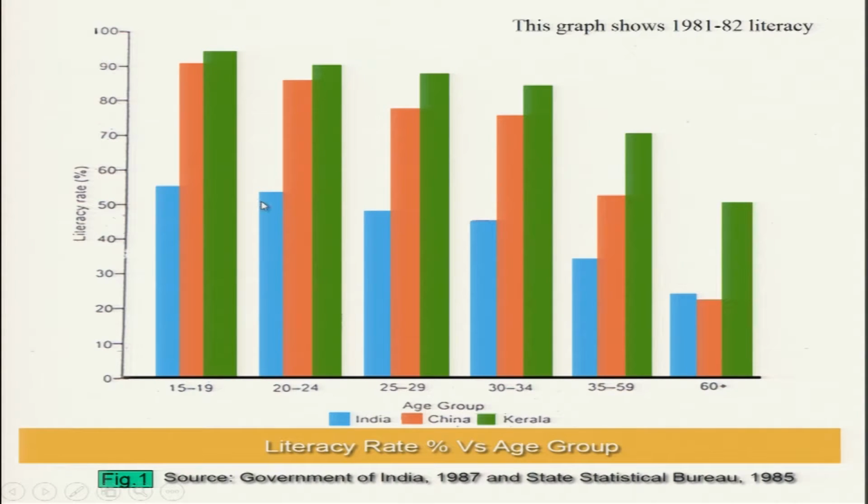So in 1940, for those in the age group of 20 to 24, the literacy rate of India and China was comparable, but within the span of 40 years the disparity increased, in the sense that China progressed quite a lot in terms of literacy rate while India lagged behind. With this type of data, with backward and forward projection, we can get this type of insight.